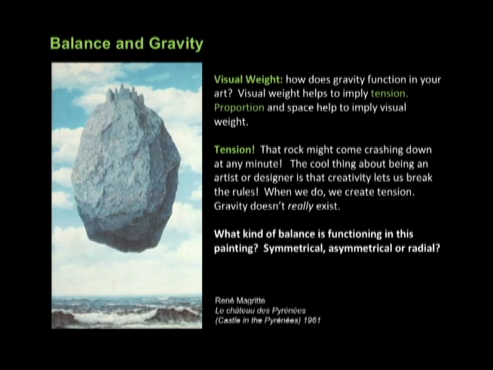In other words, it's easier to make a composition feel bottom heavy than it is to make it feel top heavy. In this composition, René Magritte is playing with that feeling that we have, that instinct that we have about gravity, and creating tension because we feel that the rock might come crashing down, right? It should come crashing down if this were not a painting.